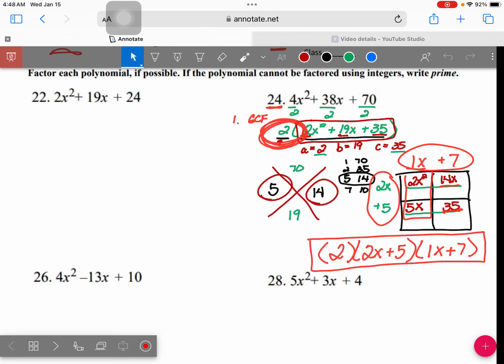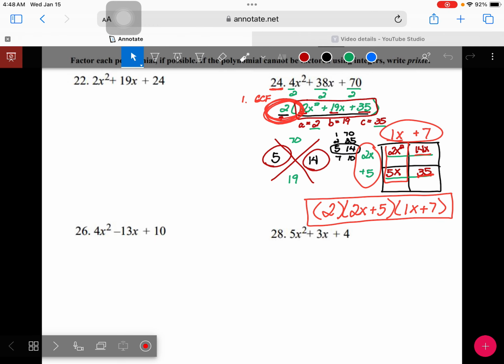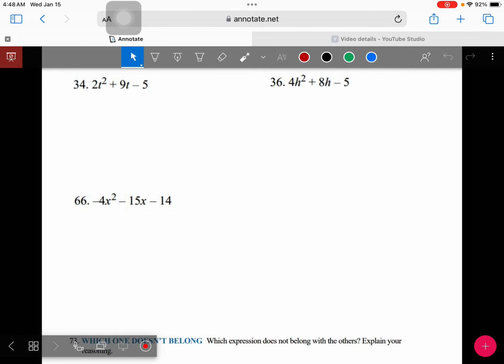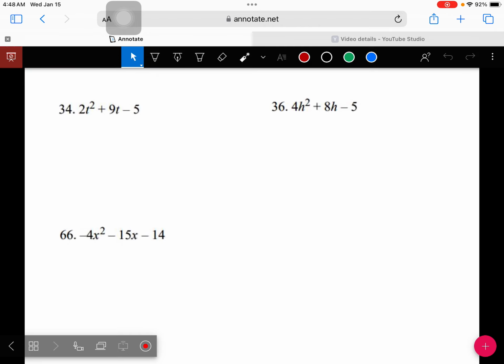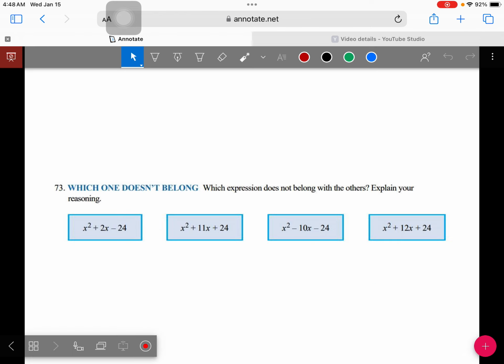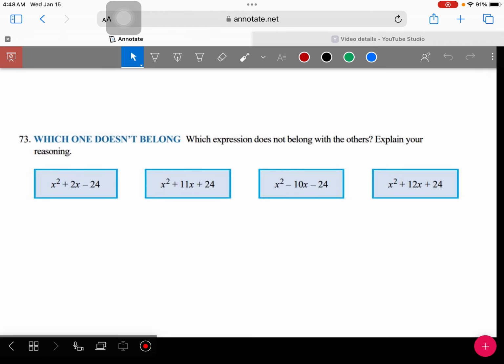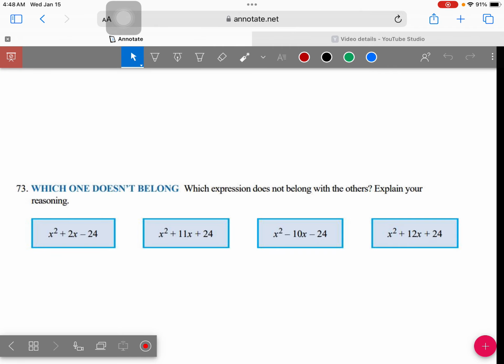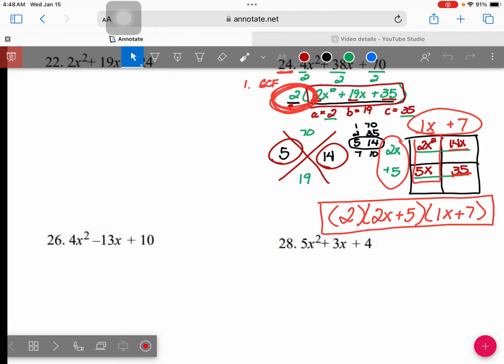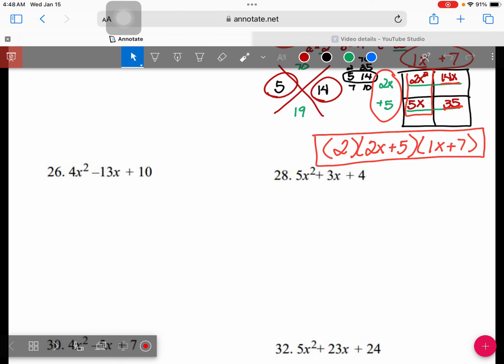All right, so let's see if I can find another one. Let's take a look at the back side here. Trying to think in my head.